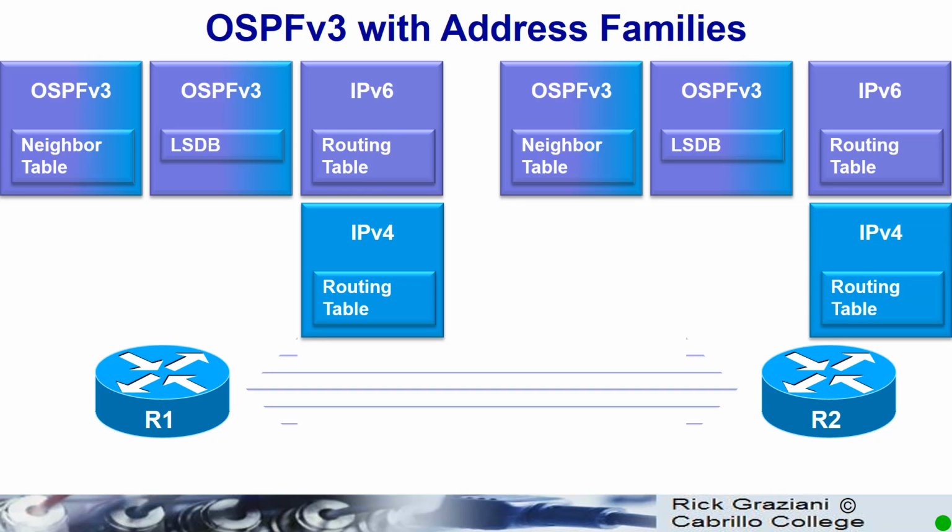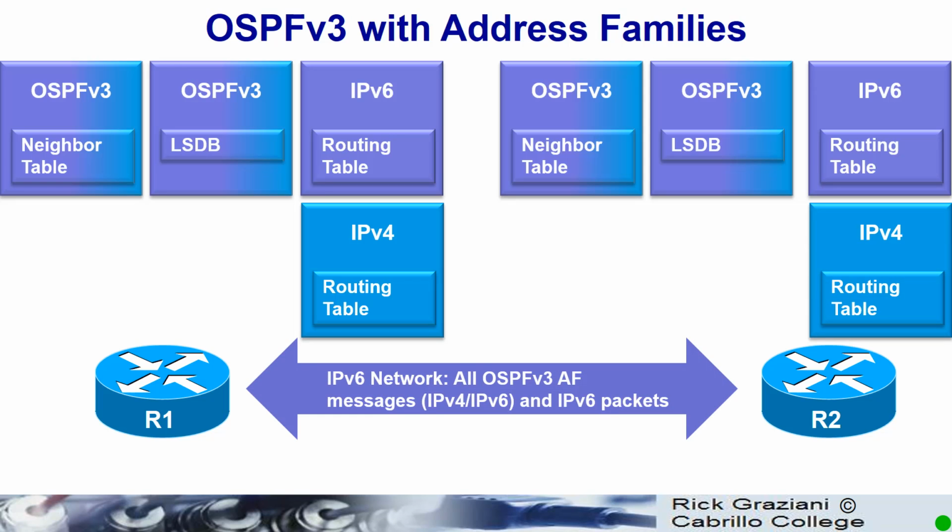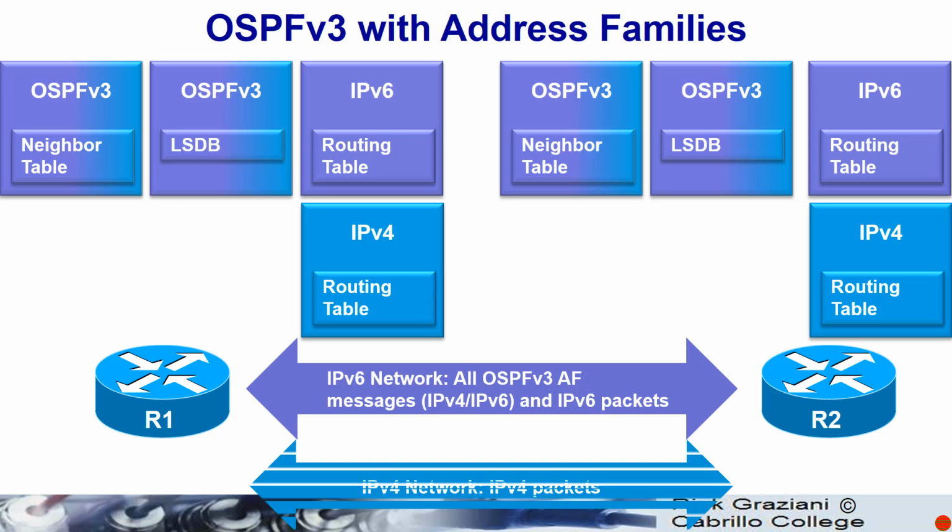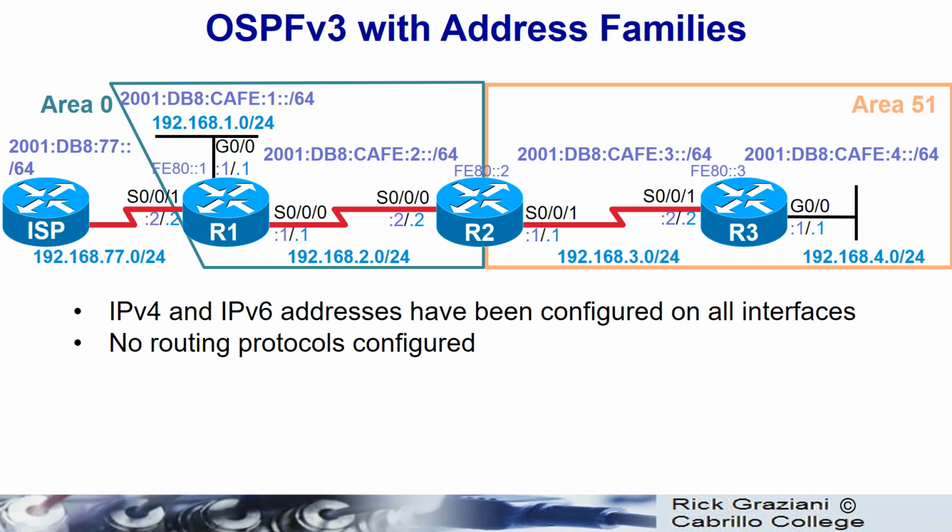What that allows us to do is have both. So with an IPv6 network, all OSPFv3 address family messages that include IPv4 and IPv6 packets run on top of an IPv4 network. So let's go and look at this.